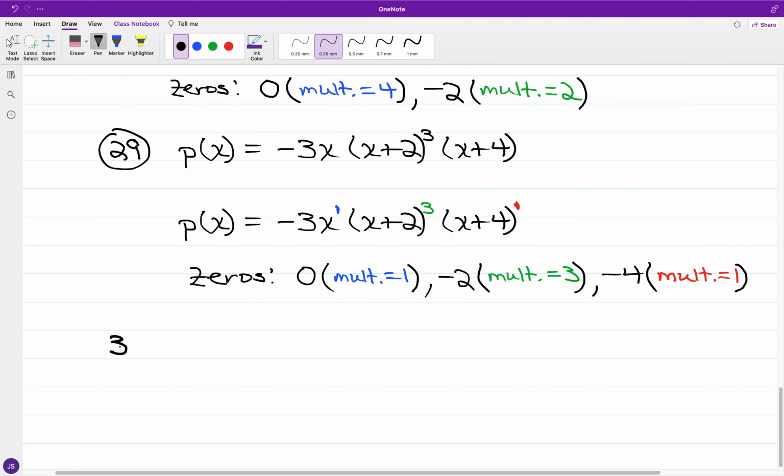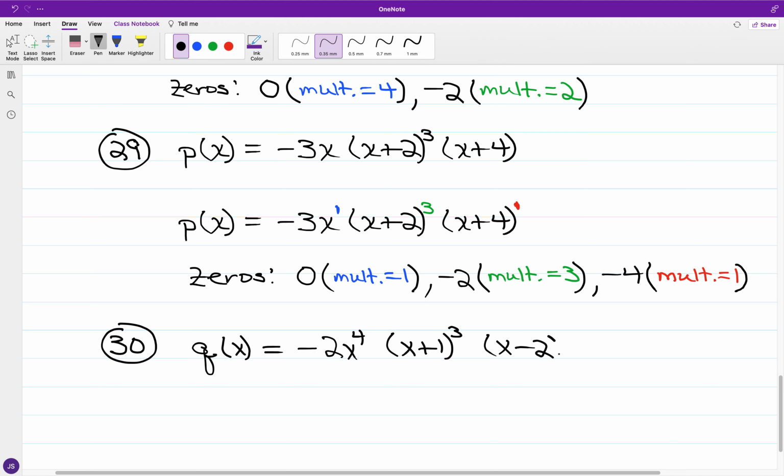Now, for what we have in the case of number 30, now we got q of x, and that is set equal to -2 x to the fourth, times the cube of x plus 1, and then times the quantity x minus 2 to the second.